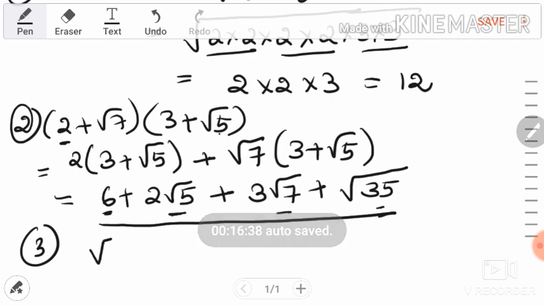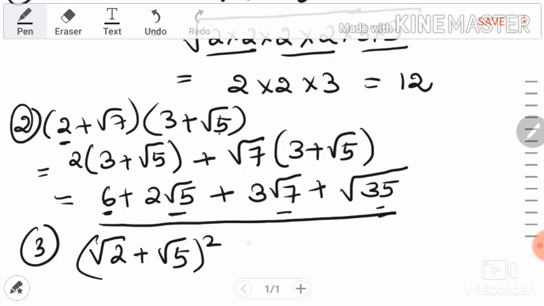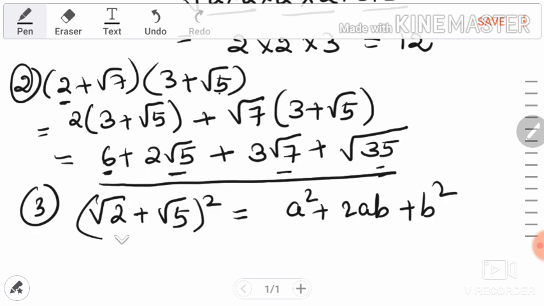Let's find this root 2 plus root 5 whole square. This can be written as a square plus 2ab plus b square, where a is root 2 and b is root 5.